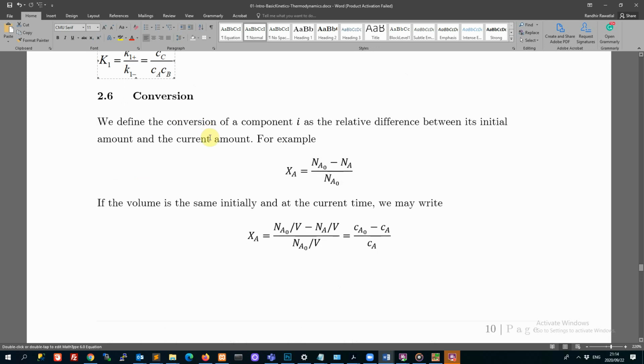And then another concept is conversion. It's more of a definition, not really a new concept.